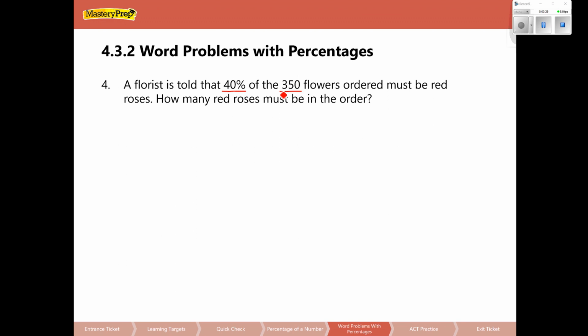So we're taking 0.4 and multiplying it by 350. We could type that in the calculator. The calculator would do it for us. Or if we did it by hand, 4 times 0 is 0. 4 times 5 is 20. 4 times 3 is 12 plus 2 is 14.